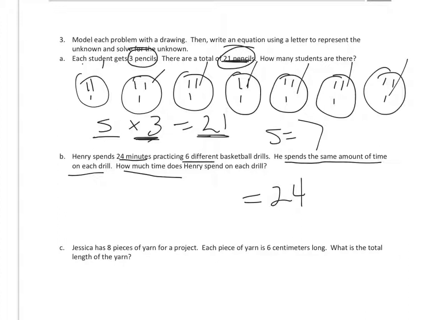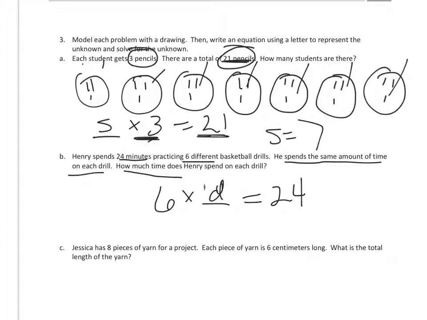We have the 6 different drills, so 6 times blank, or we could put D for drills. How are we going to figure out D? We know that we have 6 different drills, so let's draw. Let's go ahead and do a tape diagram this time.